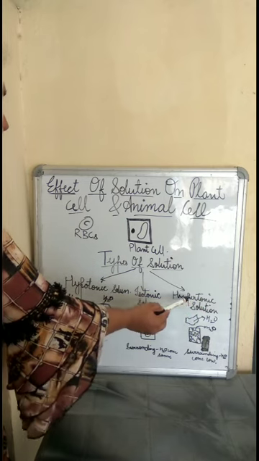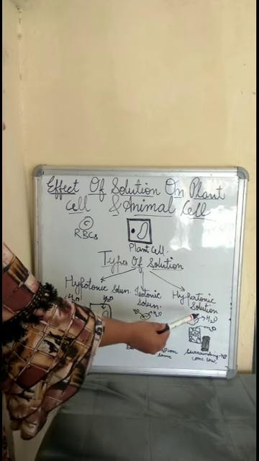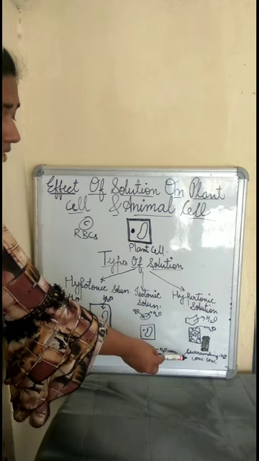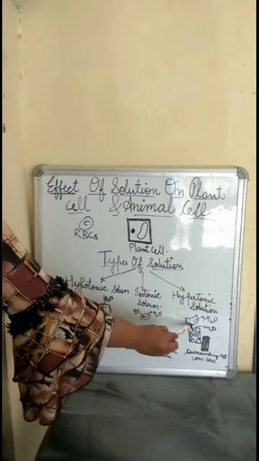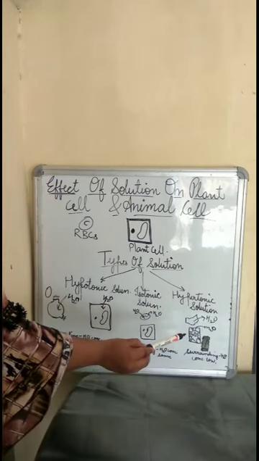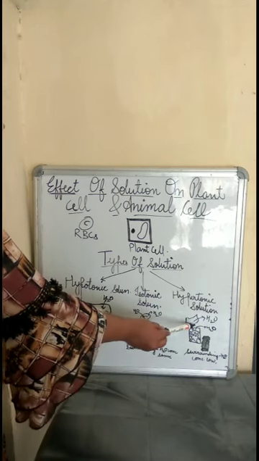Whereas in the case of a hypertonic solution, the surrounding solution has low water concentration. So the water will move outside the cell because the water concentration is high inside the cell.